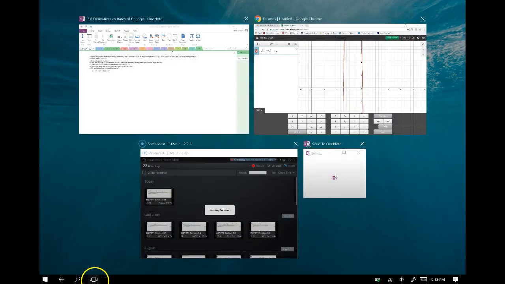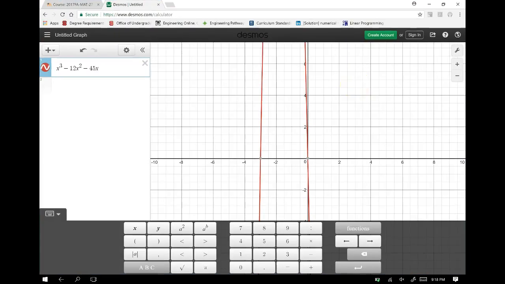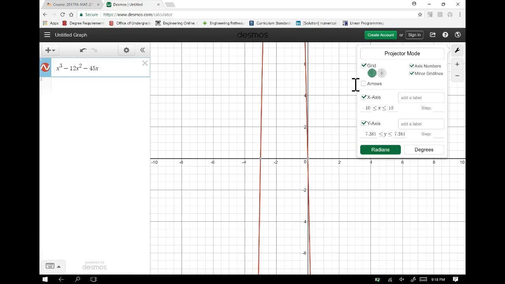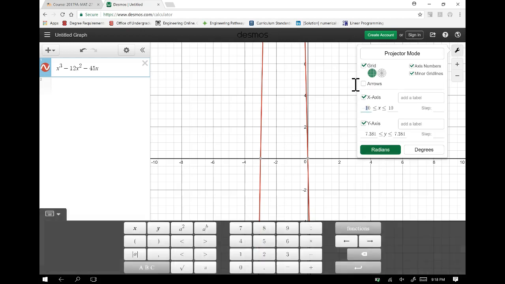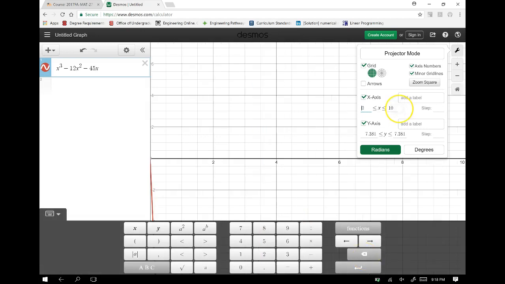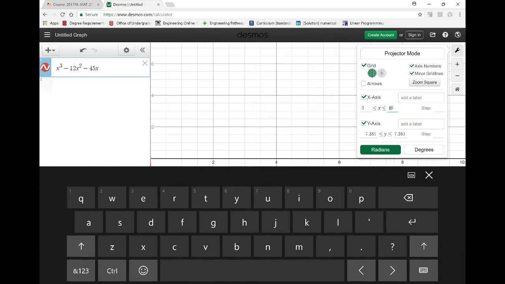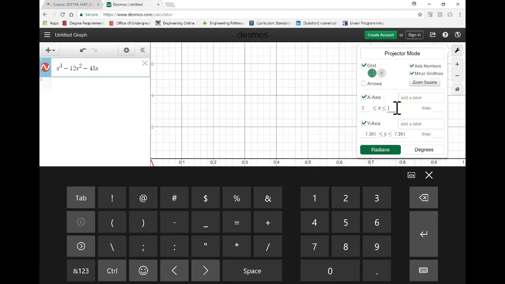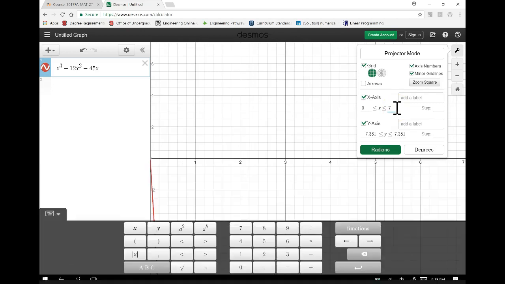X is between 0 and 7. So we can adjust our window over here using graph settings. And I'm not sure what the y's are that are going to go with that, but you can always change this to a table and see.